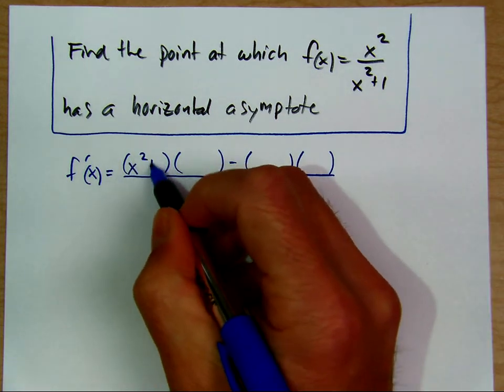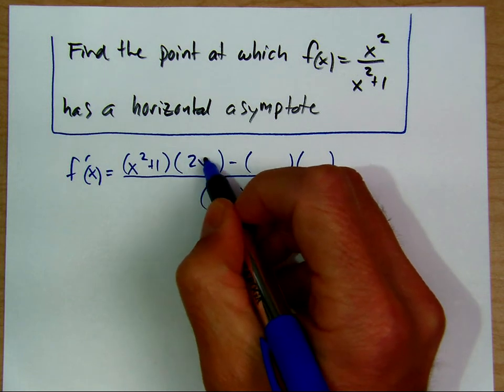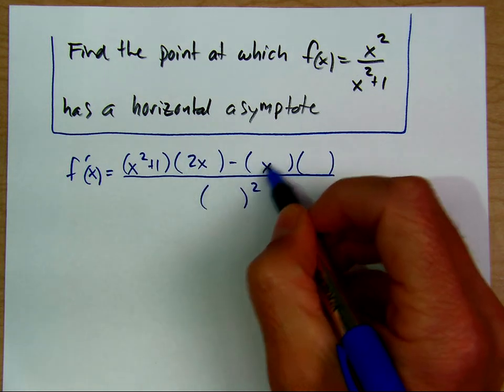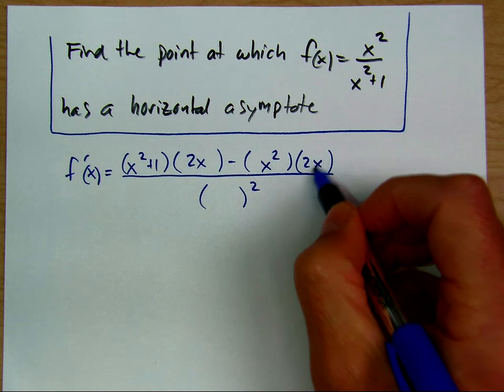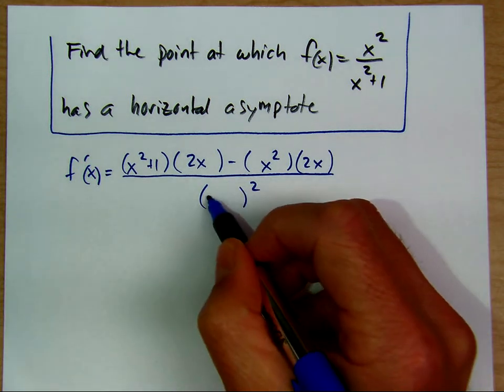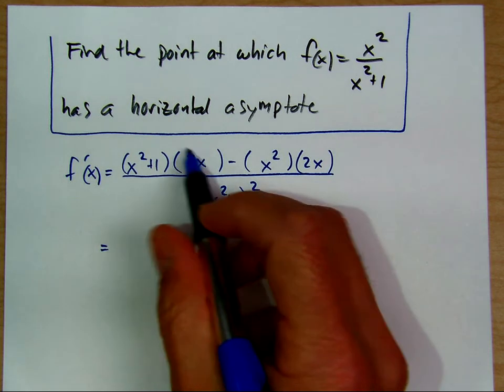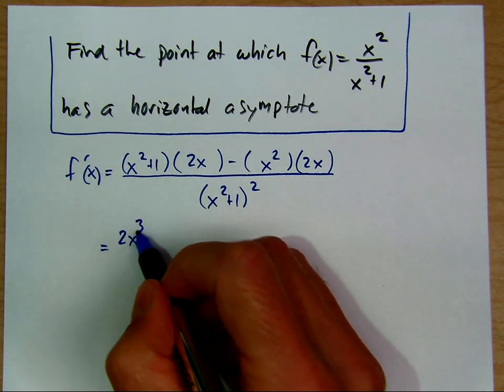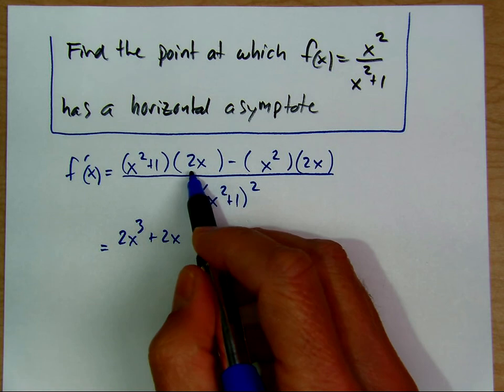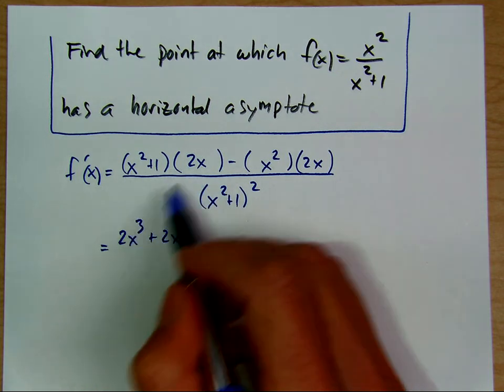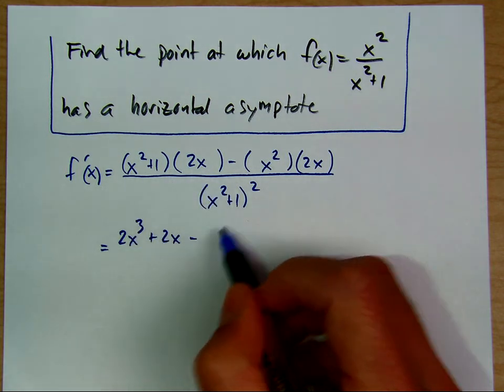Denominator times the derivative of the numerator, numerator times the derivative of the denominator over the denominator squared, 2x cubed plus 2x. So we're going to distribute 2x times x squared, 2x times 1, and then here we have 2x cubed.